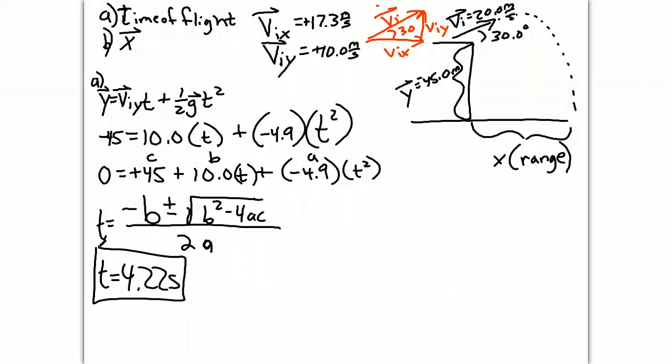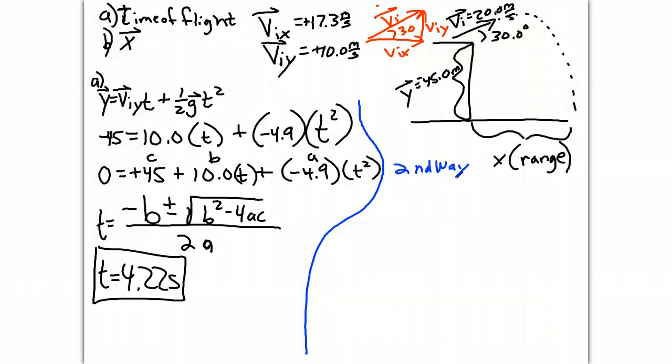Like I said earlier, some students do not like to use the quadratic equation. So I'm going to show you a second way of finding the total time of flight. The easiest way, besides using the quadratic, would be to look at the final velocity in the y direction.